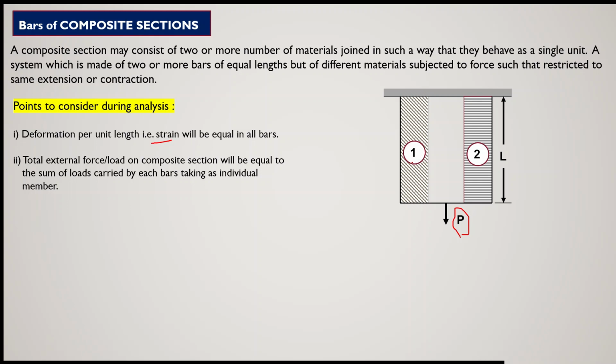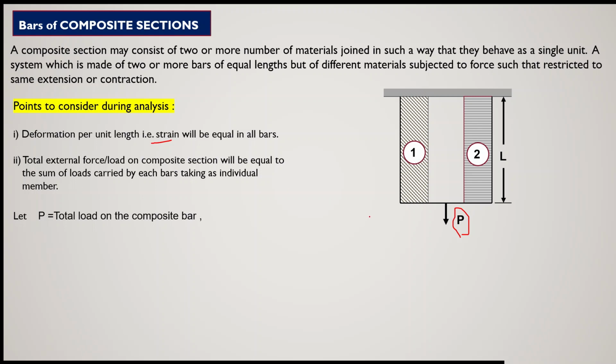Then the total of P1 and P2, without any failure, will be equal to P, which is applied externally. So it is very clear that both members, though of different nature and property, will act as a composite section, as a single member.